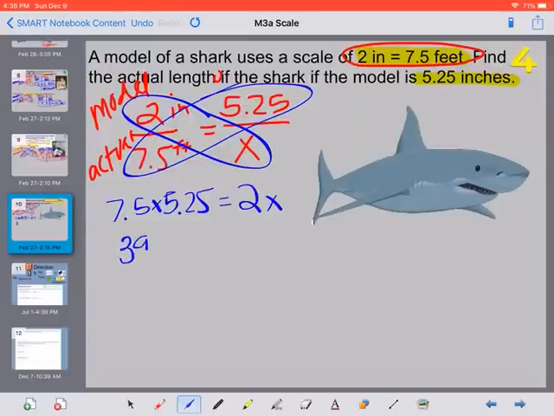So 7.5 times 5.25 is 39.375. Not super nice, 3 decimals, but it doesn't go on. And then last, we just divide by 2.